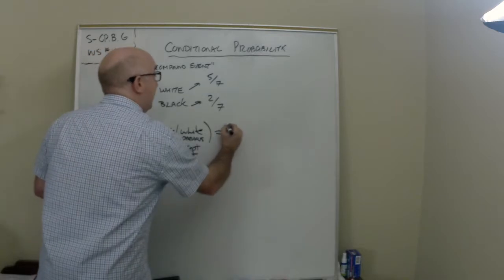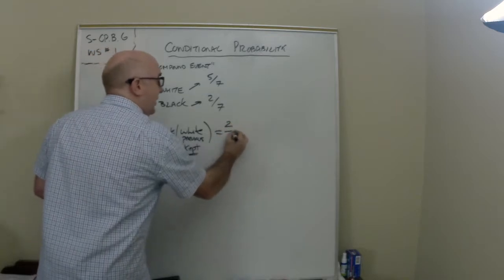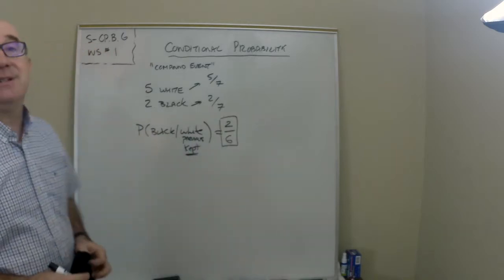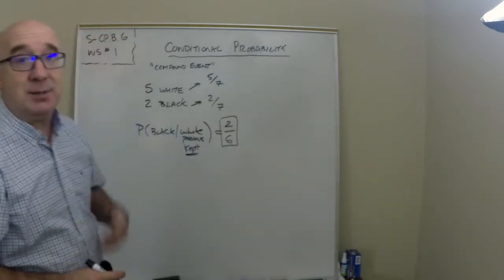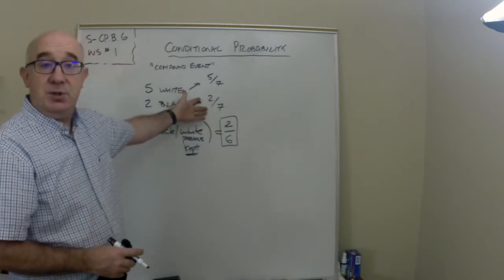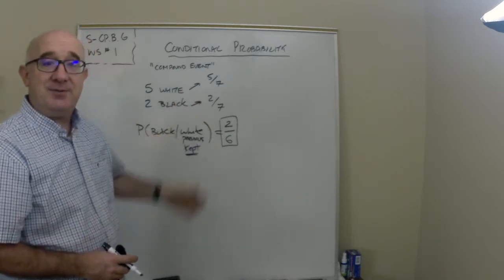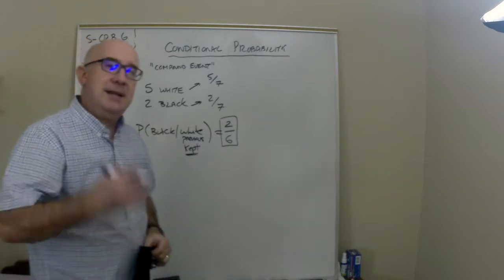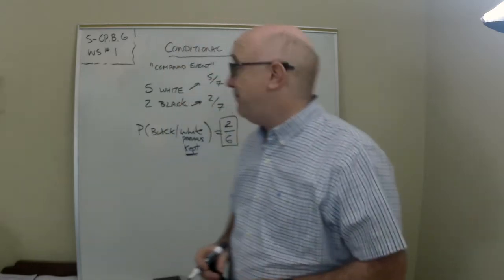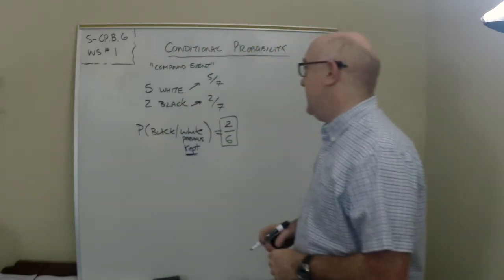Well, there is still 2 blacks in there, but there's 1 less marble. A conditional statement sometimes changes the probability. Here, the original probability was 2 out of 7. The new probability is 2 out of 6. Later, we'll discuss something called independence, and that will be an important part.